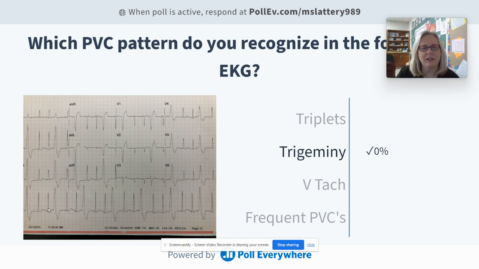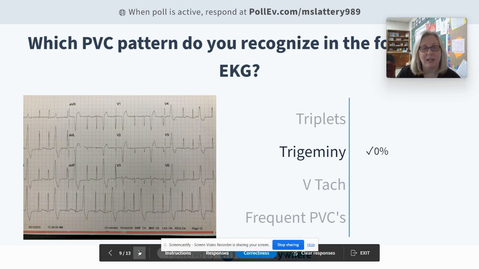We have some regular QRSs. The QRSs are big. They just have left ventricular hypertrophy, not a big deal. Big QRS, then a big wide one, PVC with a little pause. And we have regular, PVC with a little pause, regular, PVC with a pause. So it's coming every third beat. That's called trigeminy. Next one.